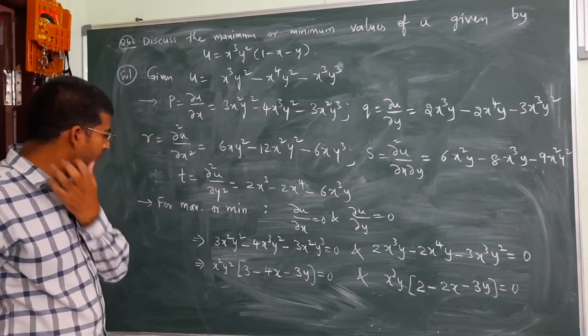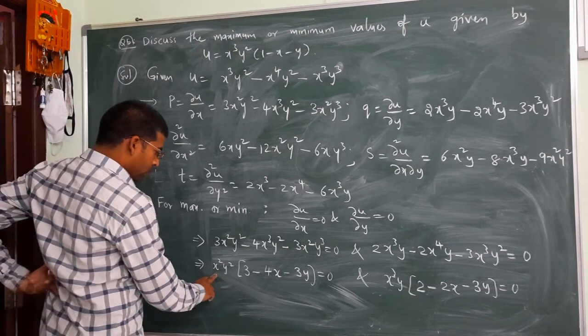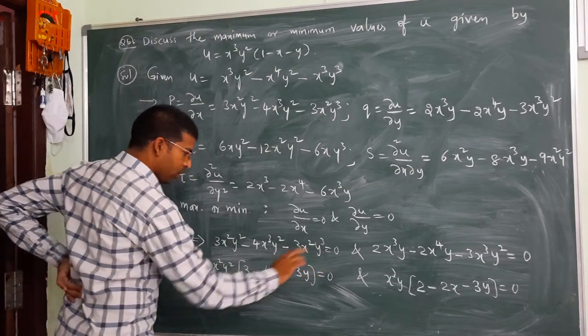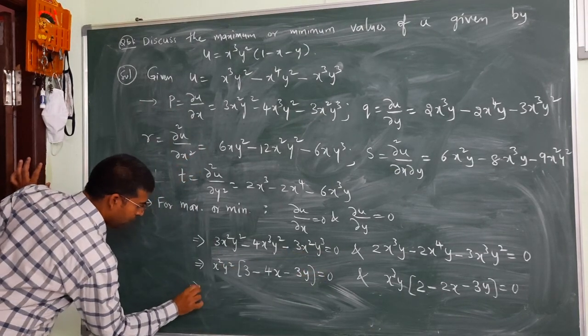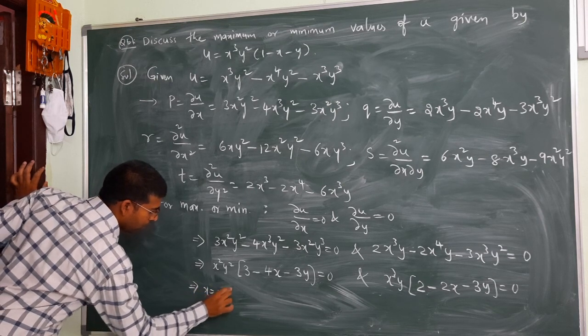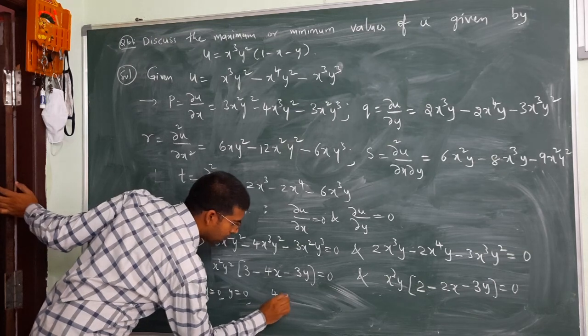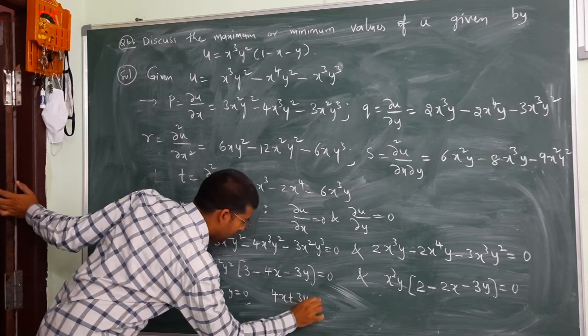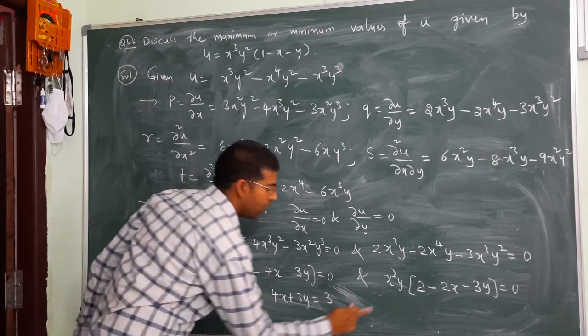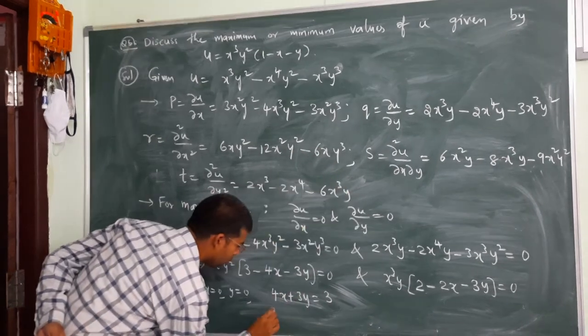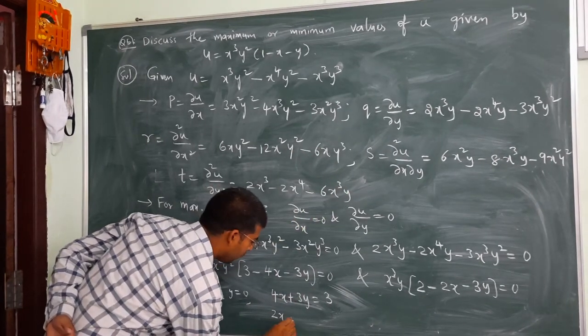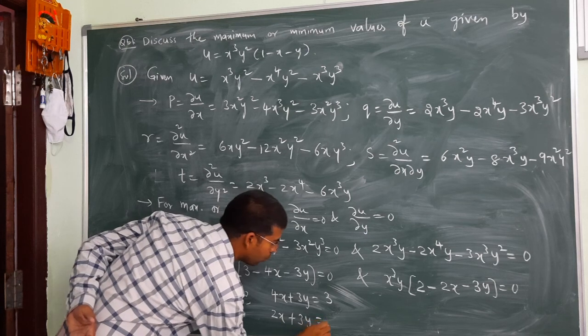So from here x² equals 0 means x is 0, y is 0. So we are getting x is 0 one, y is 0 another, and from this 4x plus 3y is equal to 3, and here as x is 0, y is 0, one more is 2x plus 3y is equal to 2, right?